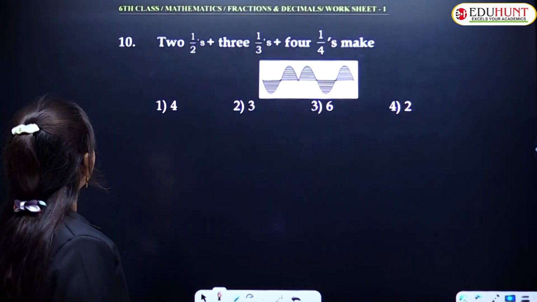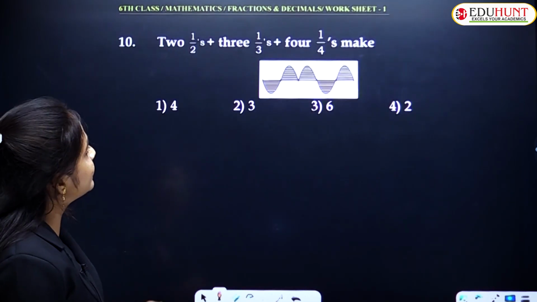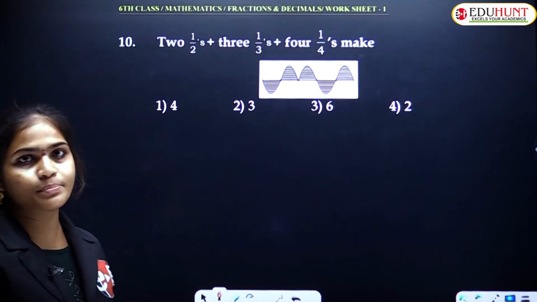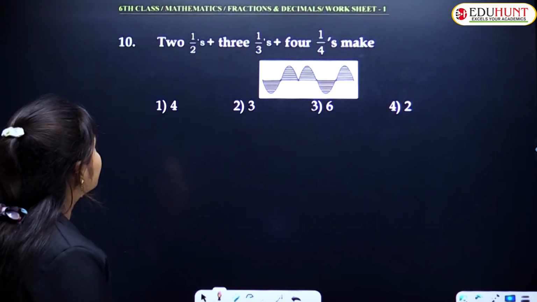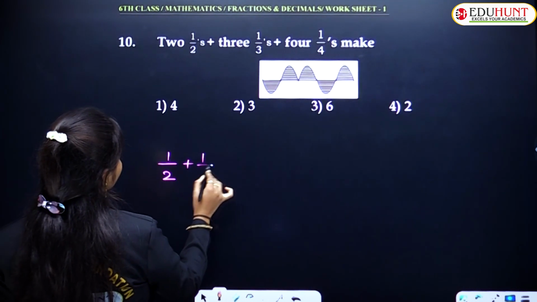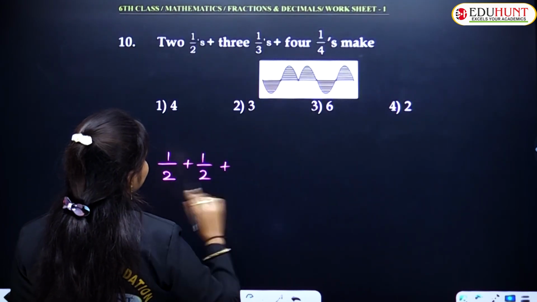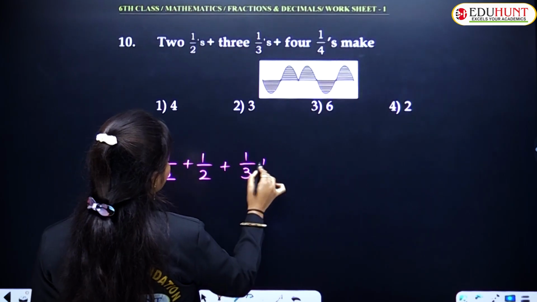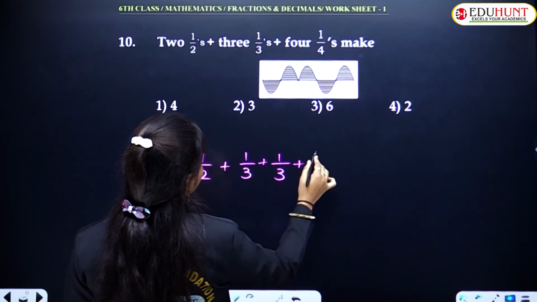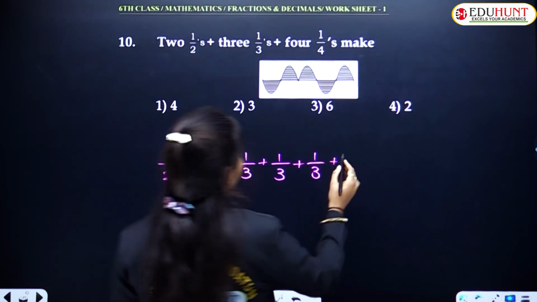Yes. Next. 2 1 by 2s plus 3 1 by 3s plus 4 1 by 4s make. Okay, see here, 2 1 by 2s plus 3 1 by 3s plus 4 1 by 4s.